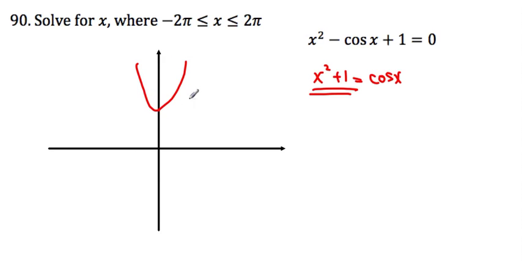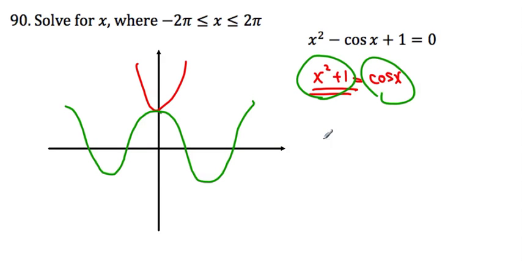But how about cosine of x? It starts from 1 and it comes down, goes back up, or it comes down this way too. Wait a minute. Where do you see a point intersecting between these two functions? When x equals 0, and you can see that right away here.